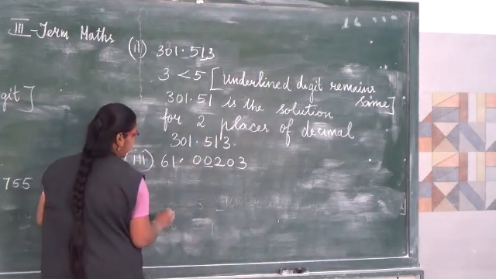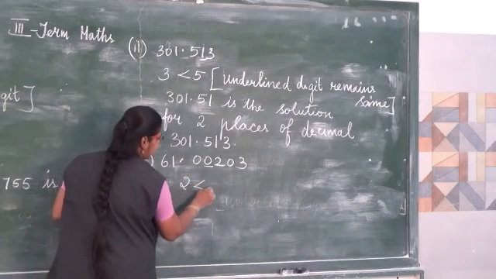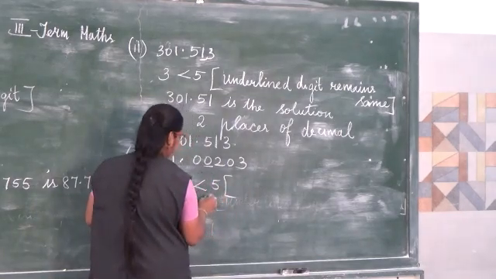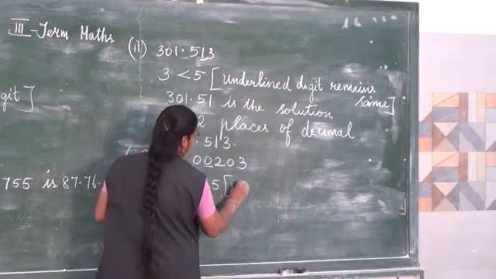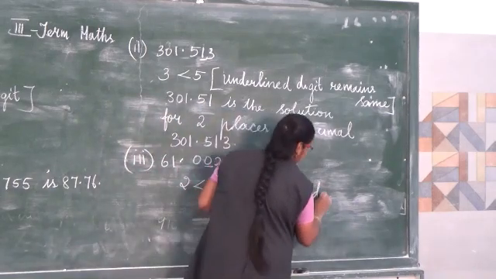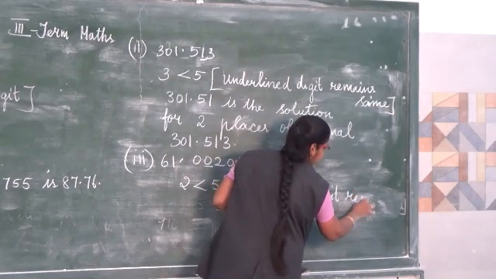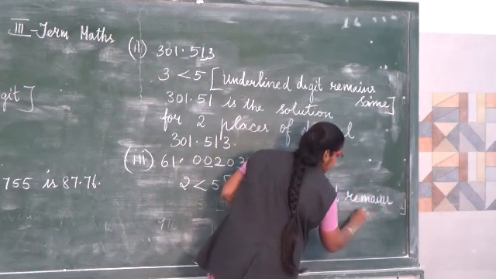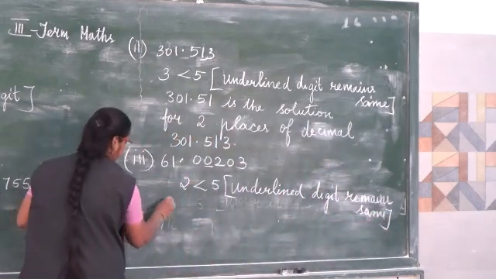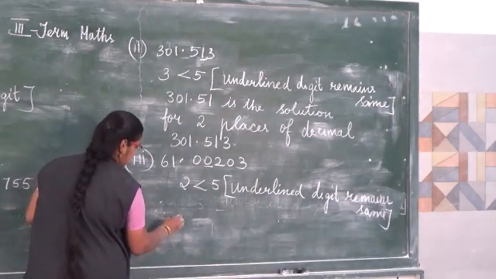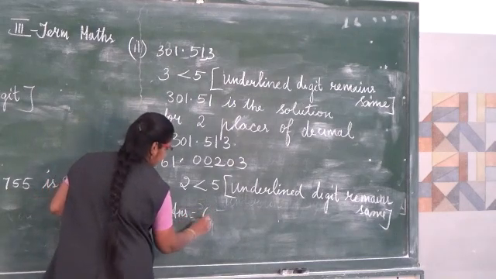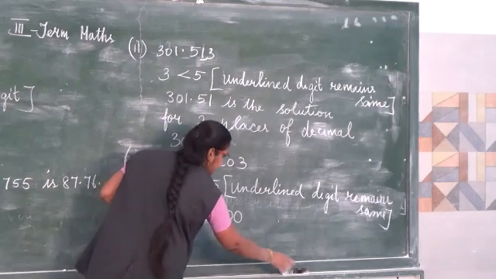After that, what you have to take is 2. 2 is less than 5, so the underlined digit remains the same. Therefore the answer is 61.00.